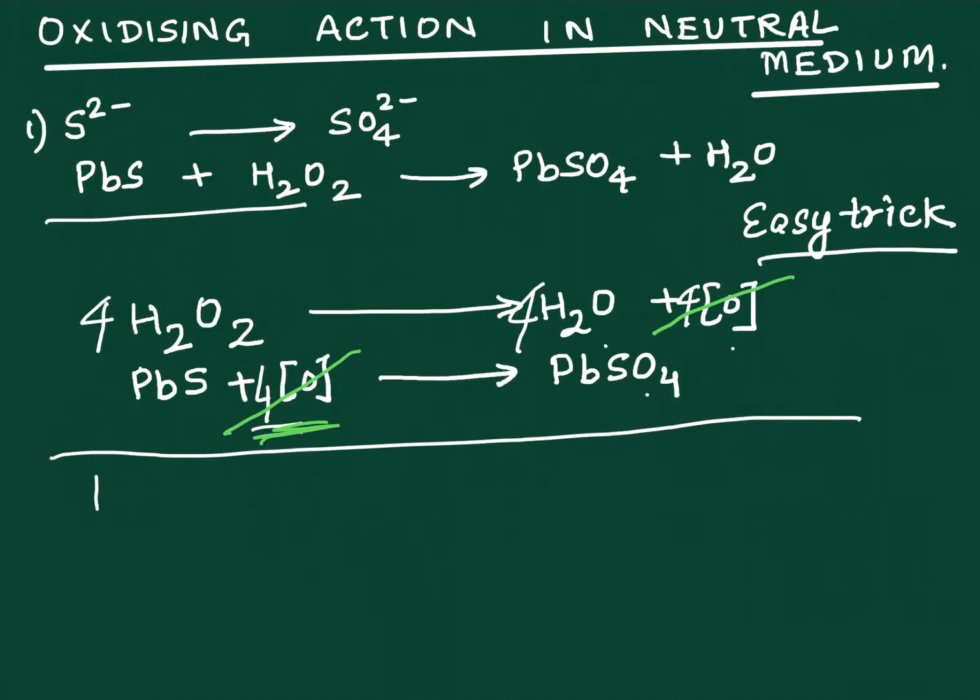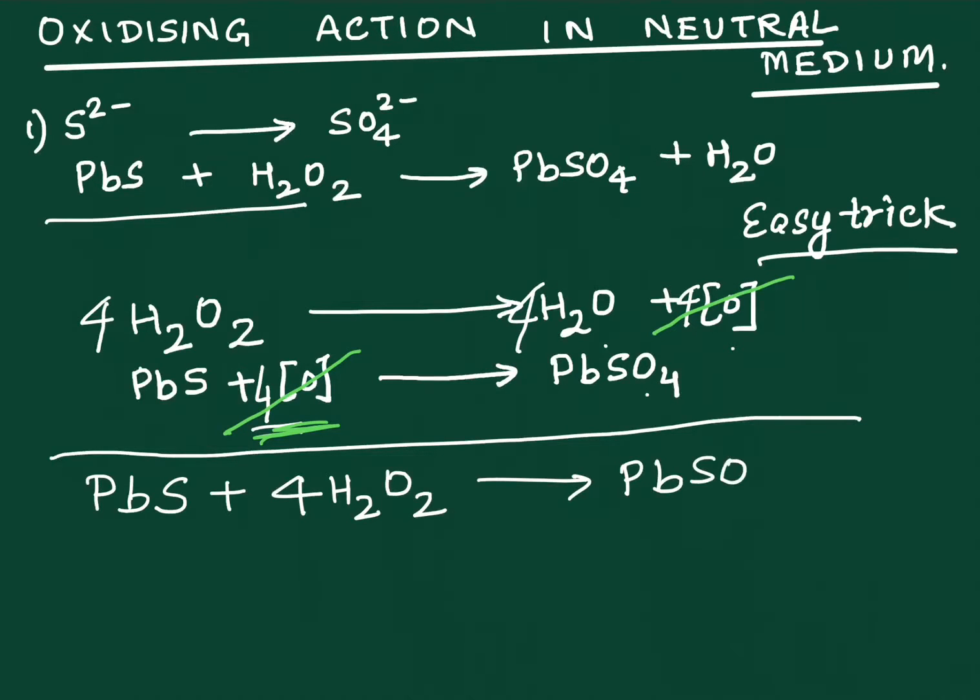So on the reactant side, I have got lead sulfide plus 4 hydrogen peroxide giving me PbSO4 plus 4 water. Right? Easy? Easy to remember? Check over here. Try balancing this equation, the first one, and tally your answer.